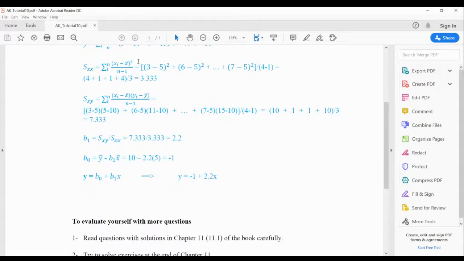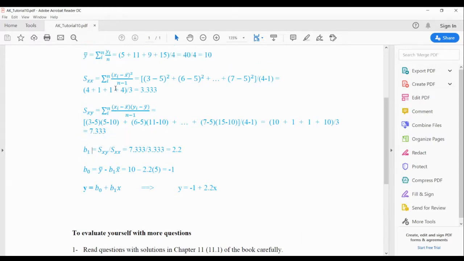The next thing to do after that is we need these two pieces of information. Why do we need them? Because we want to find the slope of the line, b1. So Sxx, what does it mean? It means that this is the variance of your sample. Why is this a variance when there's no power 2?